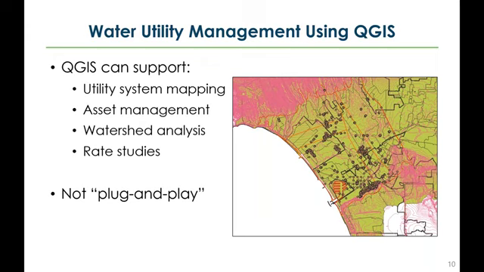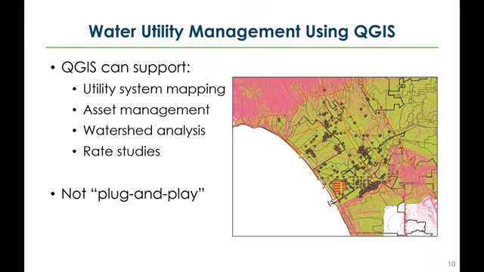You can look at where items are located within the system and collect information on them, such as height or topography above sea level, and attributes that you fill in, such as material, most of the typical fields you would use through an asset management program. You can also use it for watershed analysis.